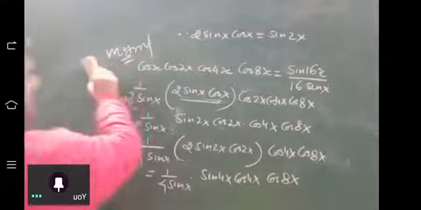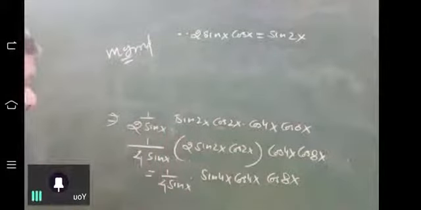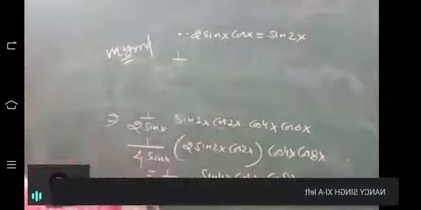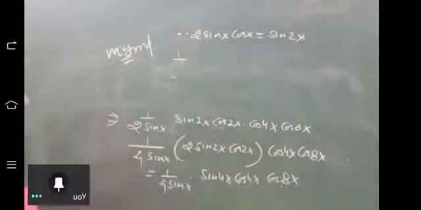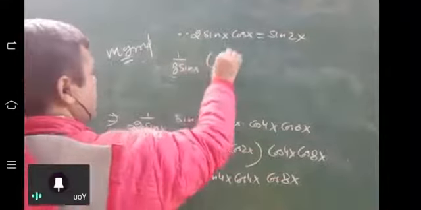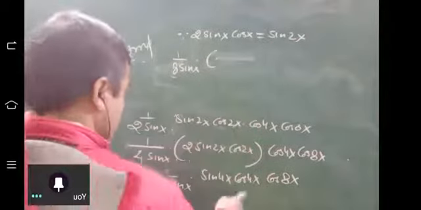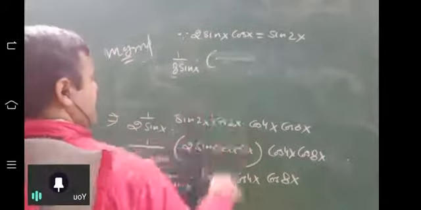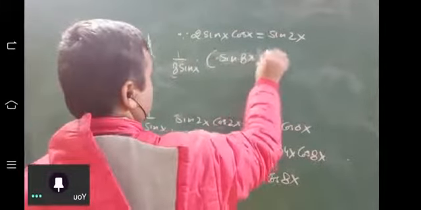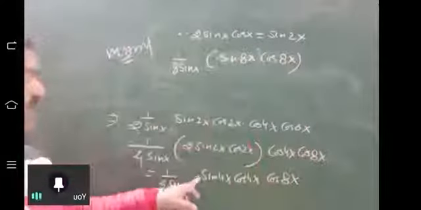In the next step, if you are dividing by 2 here, 4 times 2 is 8. So this is 8 sin x, and this becomes sin 8x into cos 8x. One step I have left here.